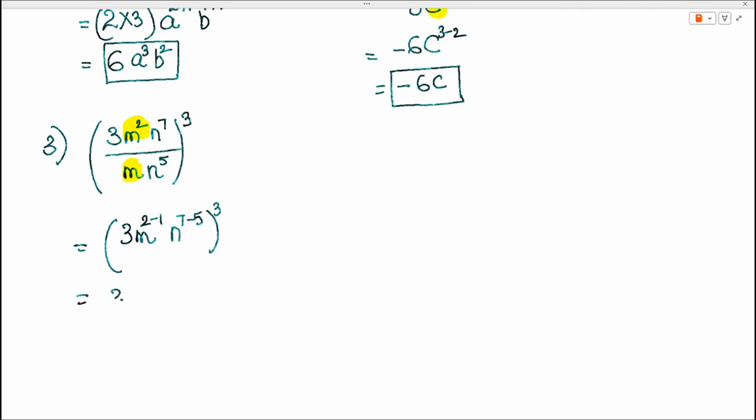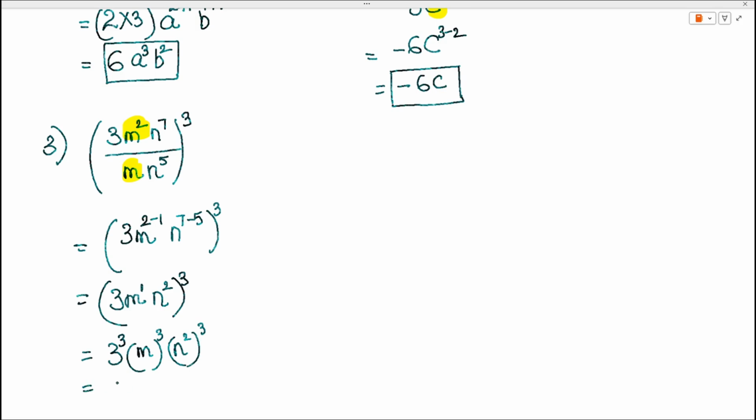Now this equals 3 times m raised to the exponent 2 minus 1 is just a 1, and n raised to the exponent 7 minus 5 is a 2, whole raised to the exponent 3. Now this 3 is going to be applicable for each and every thing written inside the bracket. So this is 3 raised to the exponent 3, m raised to the exponent 3, and n square also raised to the exponent 3.